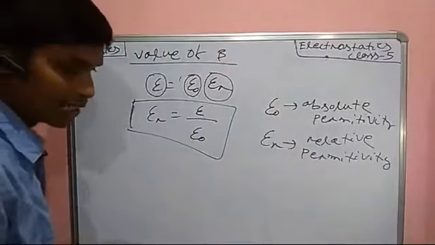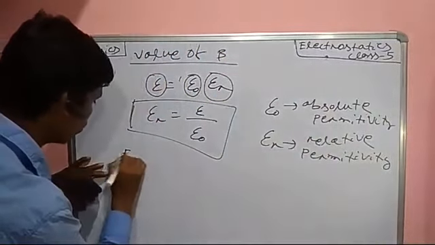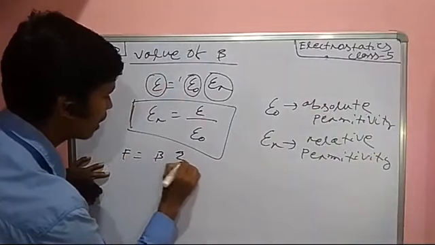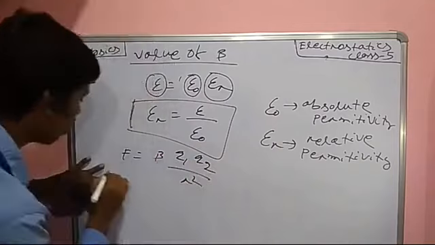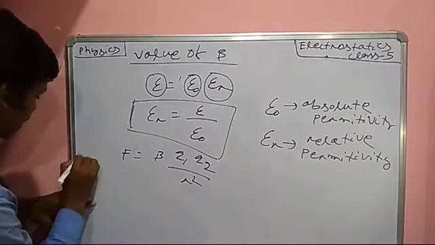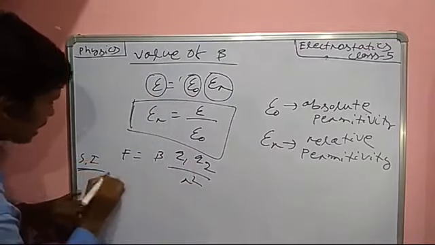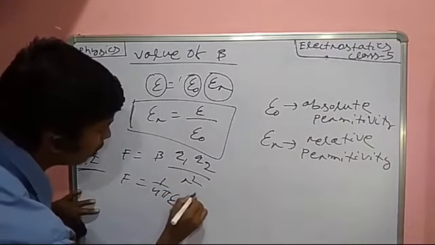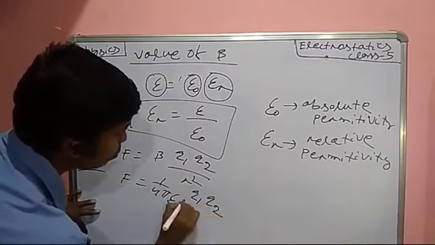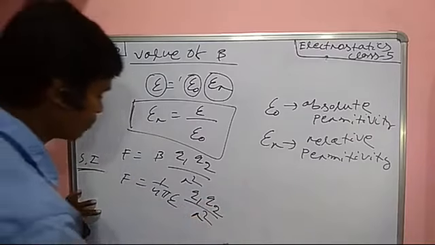So we write F is equal to beta q1 q2 by r square, that is Coulomb's law. In SI unit, F is equal to 1 by 4 pi epsilon q1 q2 by r square.